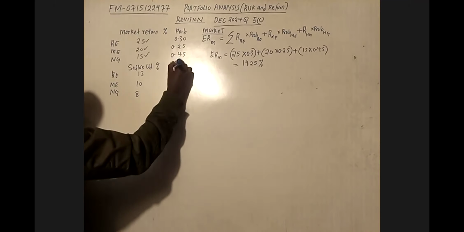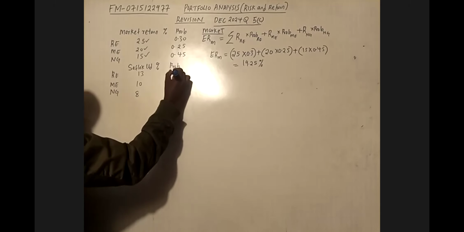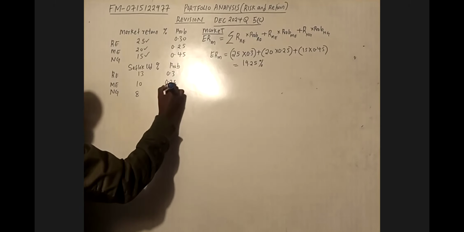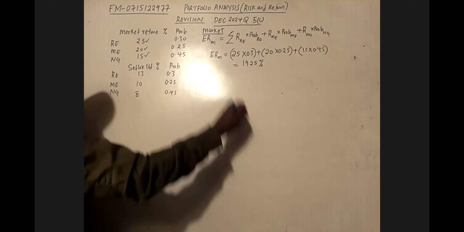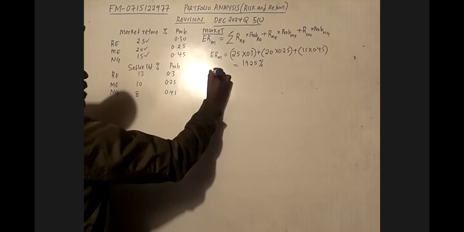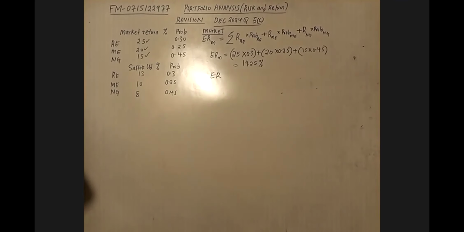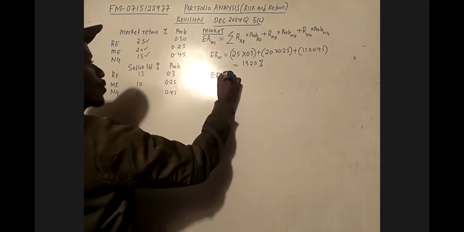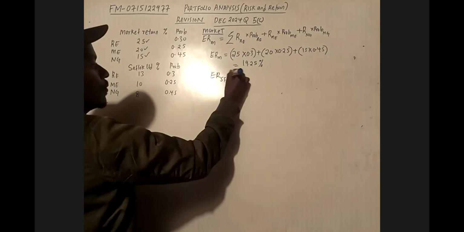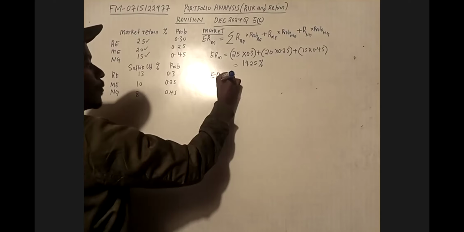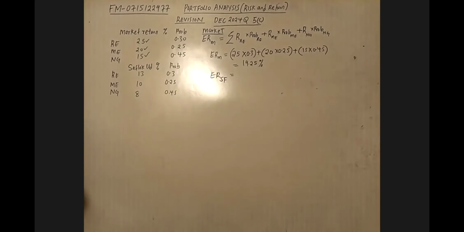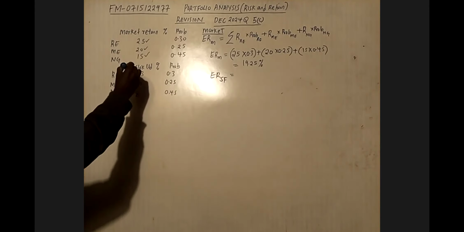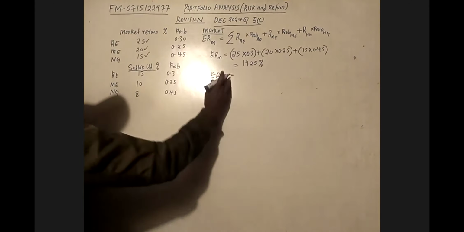Then their probability, we have 0.3, 0.25, 0.45. Then we say expected return. So we say expected return of the Suffolks, let's call it SF. SF means Suffolks. So ER, SF means Suffolks. And then M for market return.